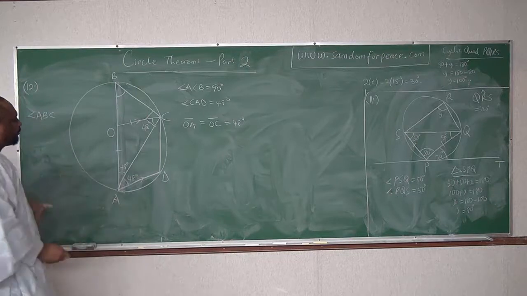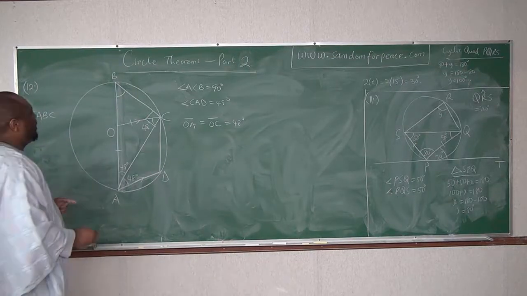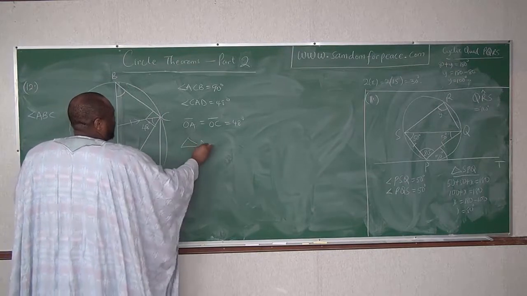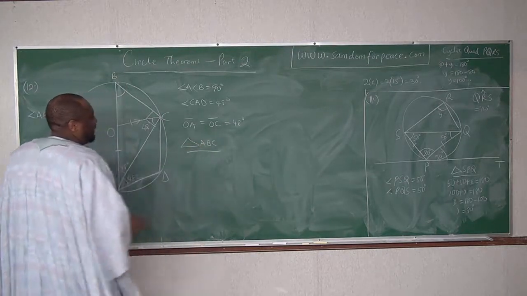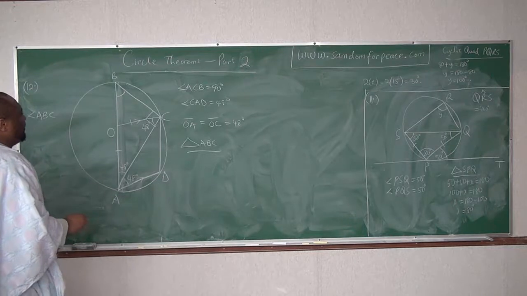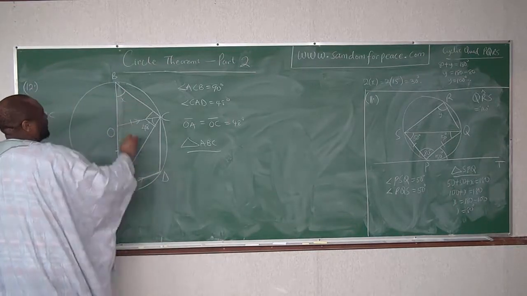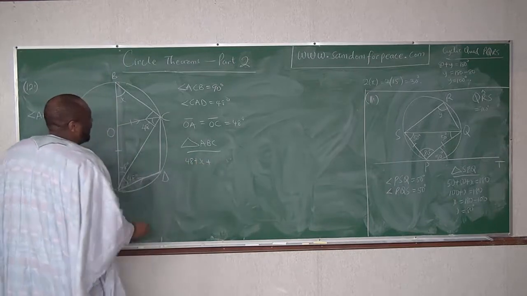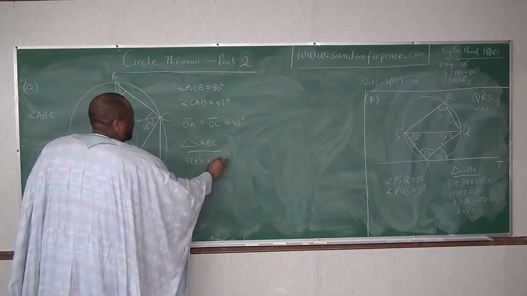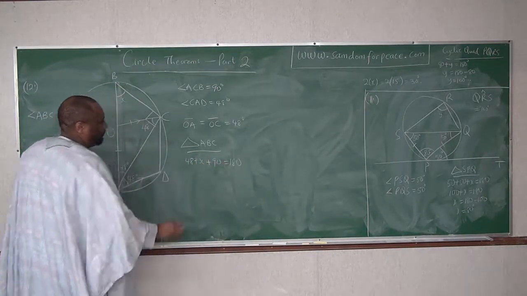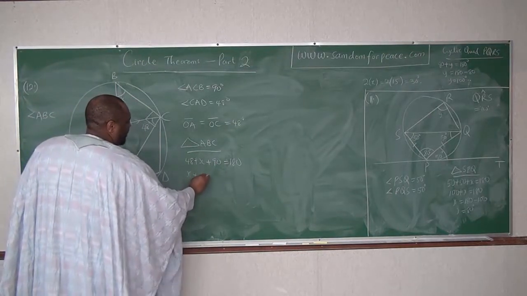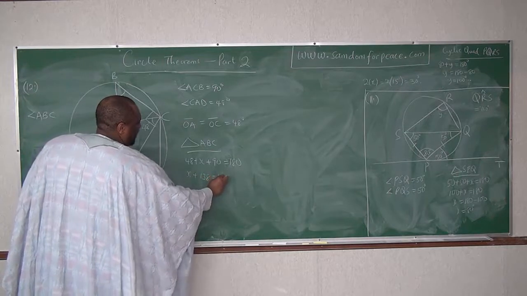So now we say, considering triangle ABC, we have that 48, let's call this x. So 48 plus x plus 90 is equal to 180. So x plus this 138 is 180.